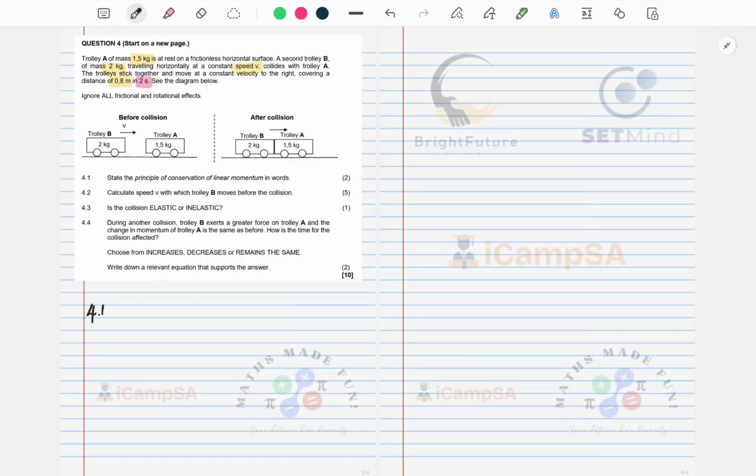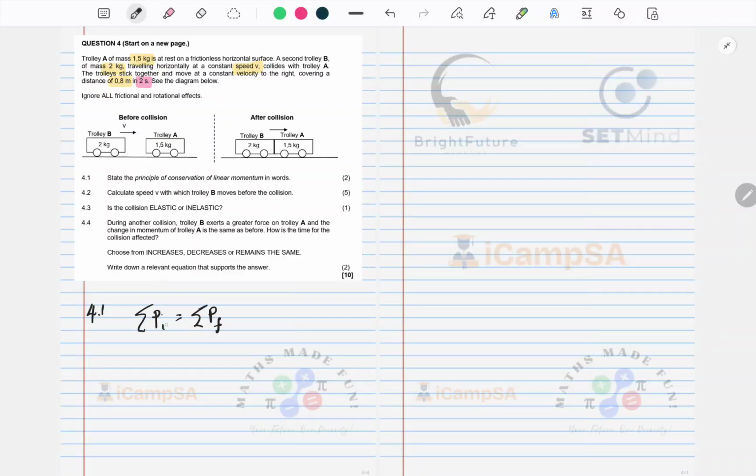So now let's start. They're saying state the principle of conservation of linear momentum in words, right? As we know it, they may not write it in words at first, so I'm going to write it. This is the conservation of linear momentum. What does this mean then?